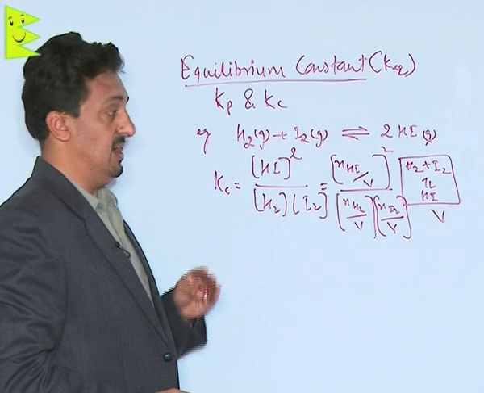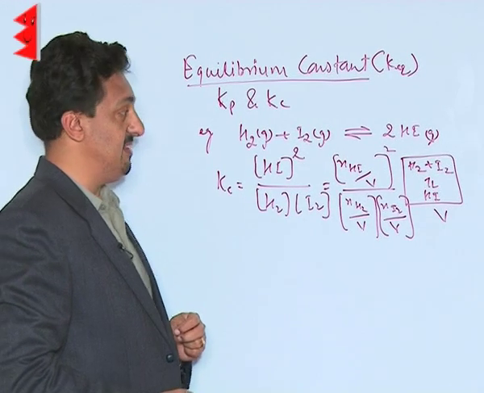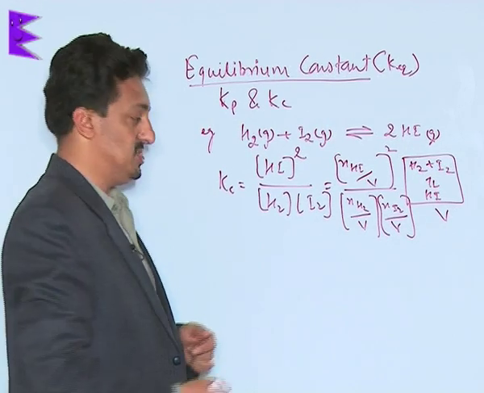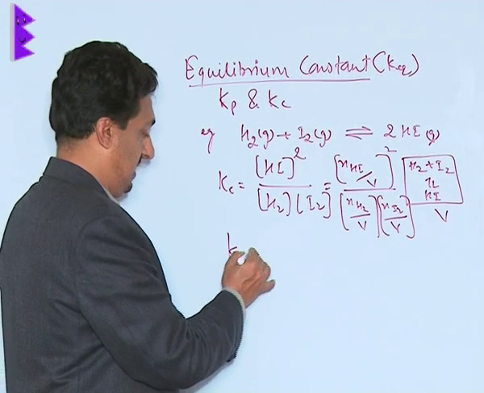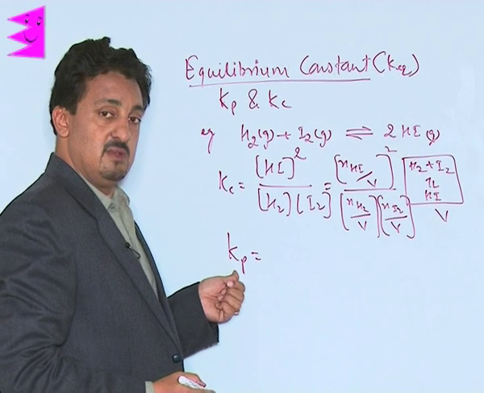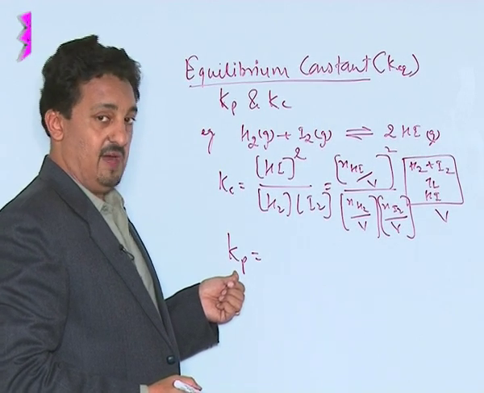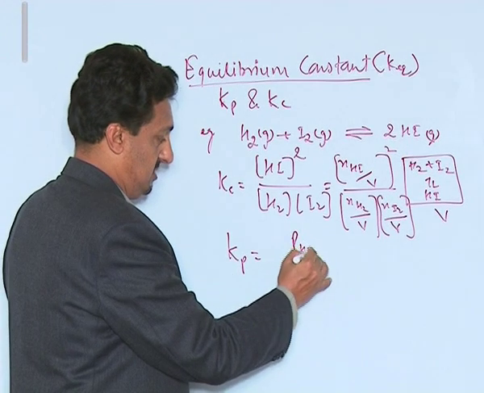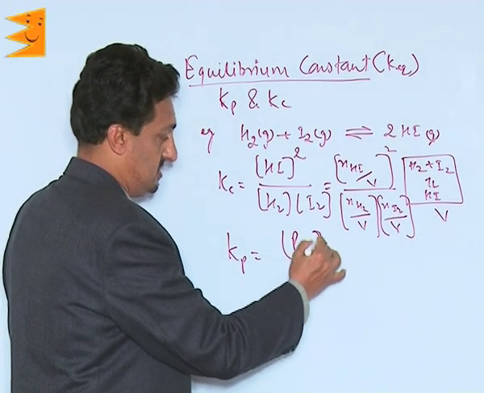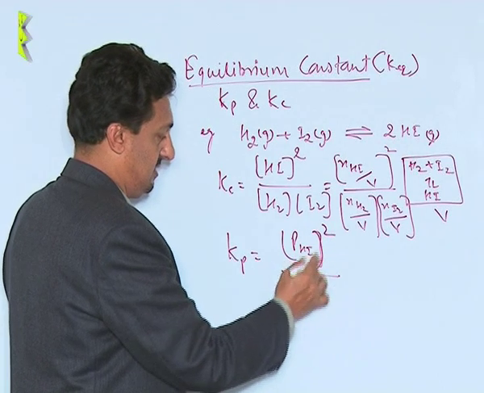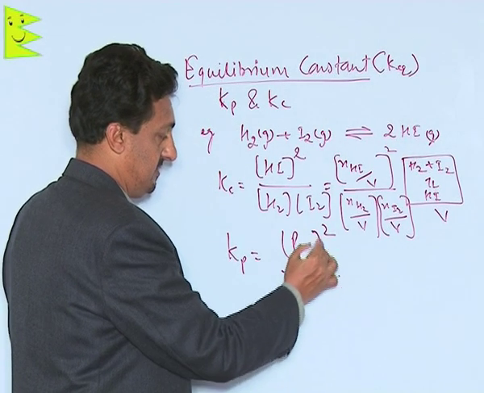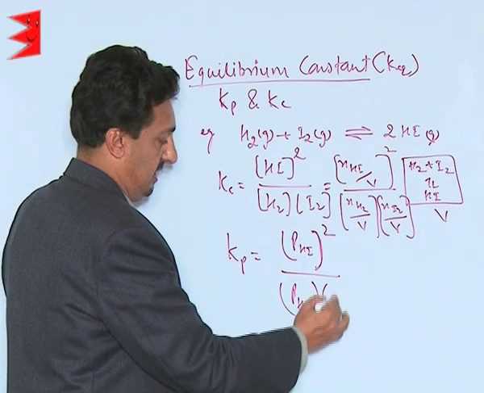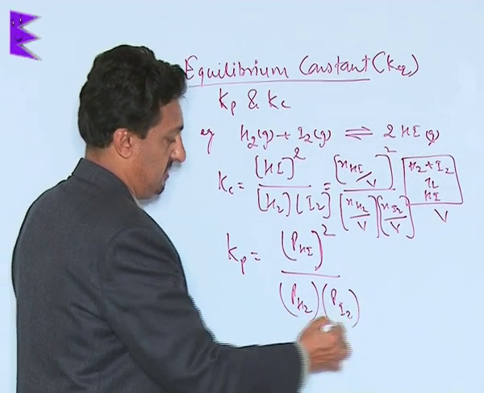Suppose we are not given the number of moles of these reactants or the products, but instead we are given their partial pressures, then the expression will be expressed in terms of their partial pressure. The constant will be called Kp. It will be partial pressure of HI in simple brackets, squared, it will not be a square bracket, upon partial pressure of hydrogen and partial pressure of iodine.